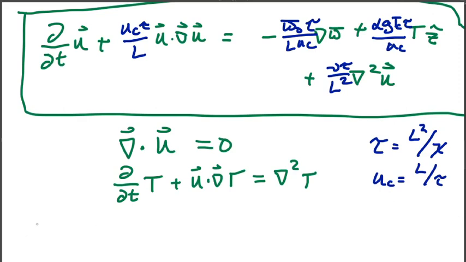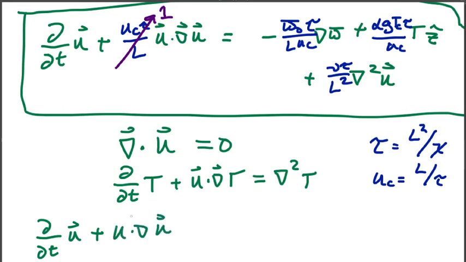So for our momentum equation, our first term is already fully cleaned up. Our second term, that's going to go to 1 because of uc being L over tau. So let's write that down now. u dot grad u. We're going to have our third term here.